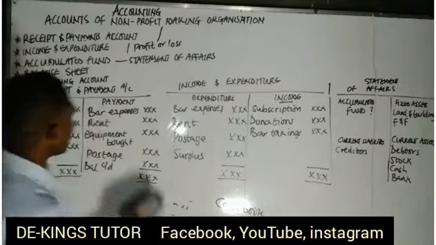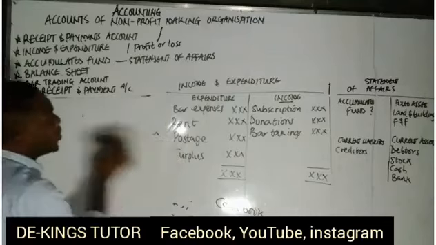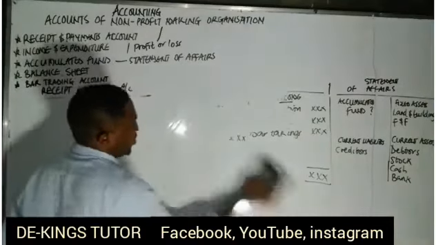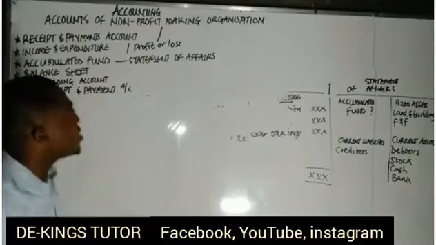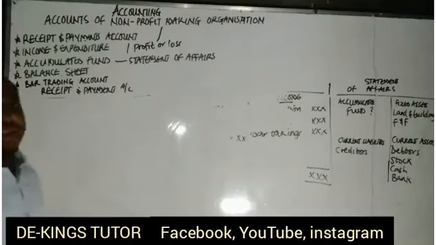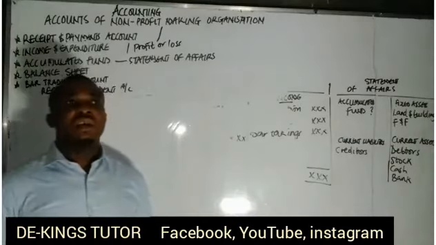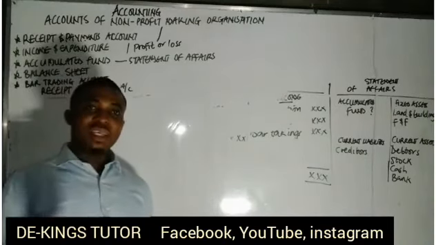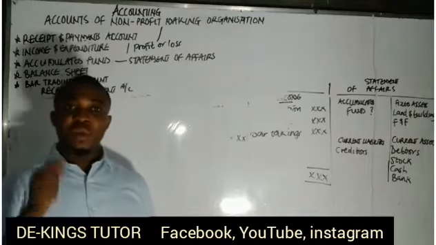Now, there are some things I want you to note. In preparing accounts for a non-profit making organization, you should ensure that you treat your adjustments, that is, the items under additional information, properly.